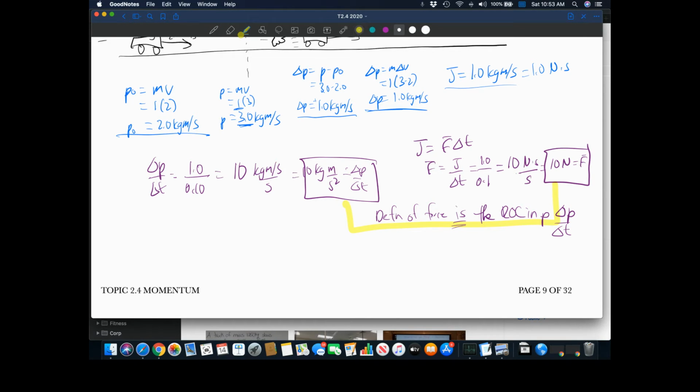Now let's just look at this a little more closely. We have this over here, which is the average force is the rate of change of impulse.